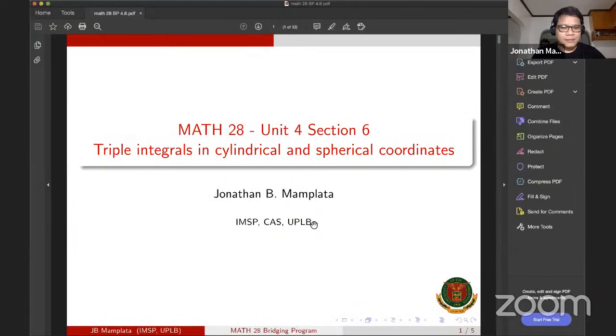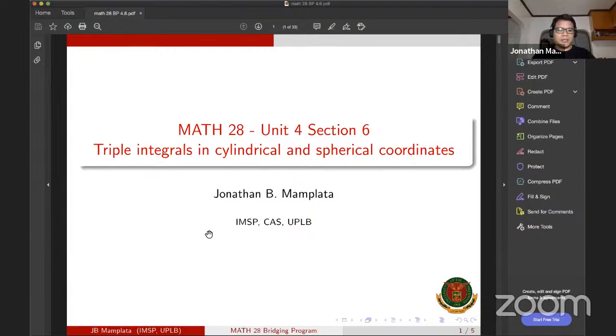So I will just answer one problem from the exercise. So triple integrals in cylindrical and spherical coordinates. The important thing here is that you know how to convert from Cartesian equation to cylindrical equation, and from Cartesian equation to spherical equation.